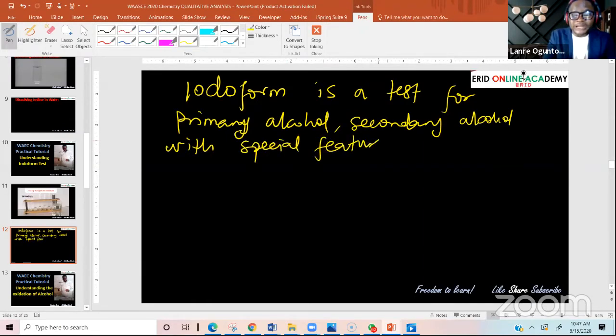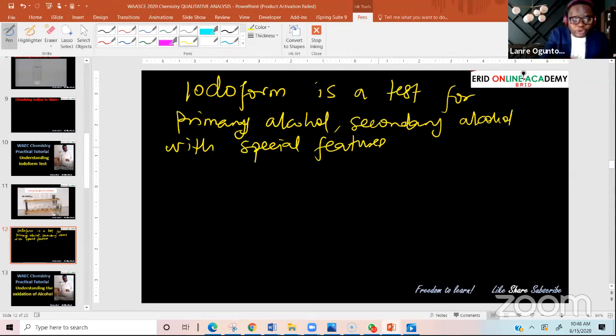So you need to know what these special features are. Number one, before a substance can give you a positive test, that particular substance must possess certain things.